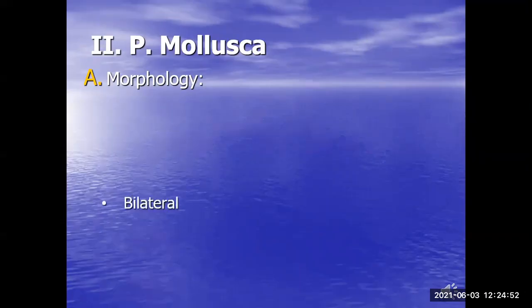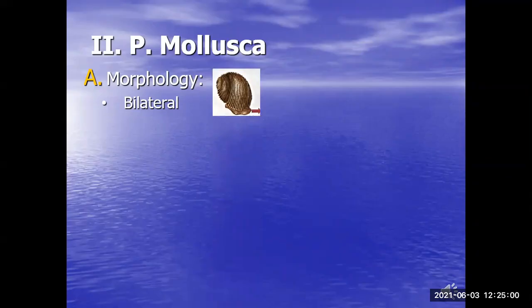mollusca are bilateral. Here are 3 tissue layers that are found inside the mollusk. The first one's called the visceral mass. Now, most of the organs come from the visceral mass, and so that's the importance of the visceral mass. It's the origin of the organs, if you will. The second one, the foot, is the part of the mollusk that's involved in locomotion, in movement.